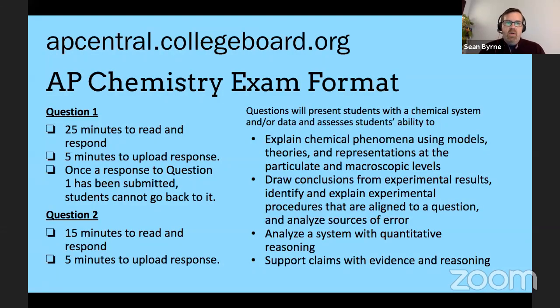Our format we went over yesterday, but just to repeat, there will be 2 questions, and you'll have a total of 45 minutes. We have 25 minutes to read and respond to the first question. That gets us to 30 minutes. Once you submit that first question, you'll be given the second question, but you will not have time to go back.